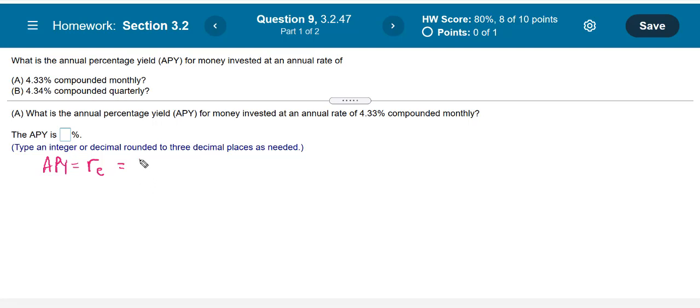We use a 1 in place of the P, and we do the same calculation here as before, and we use a 1 in place of the T, and subtract off the 1. So $1 for 1 year, and that gives us our annual percentage yield. However, that formula is on the formula sheet.